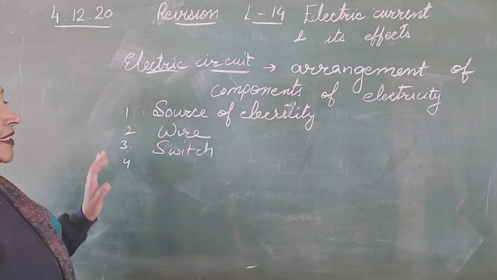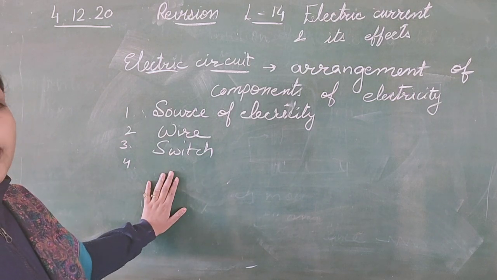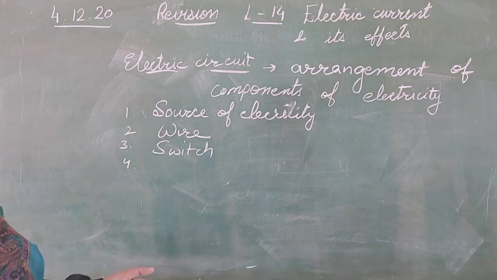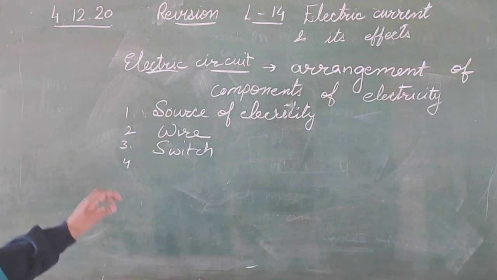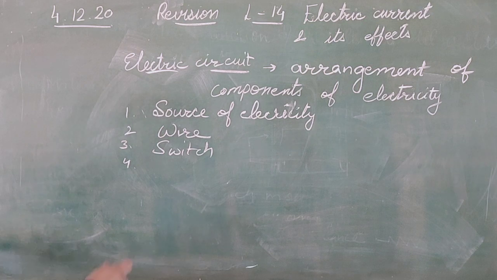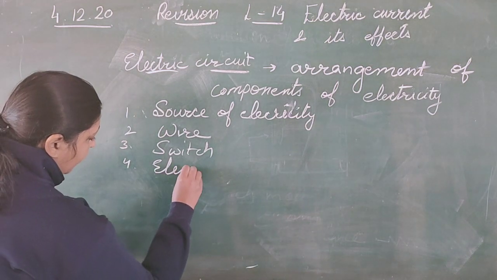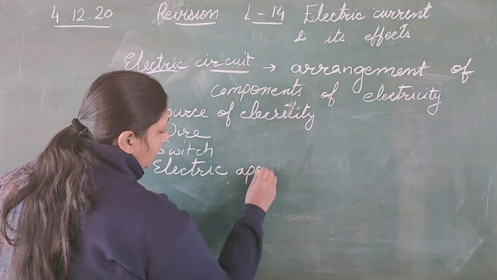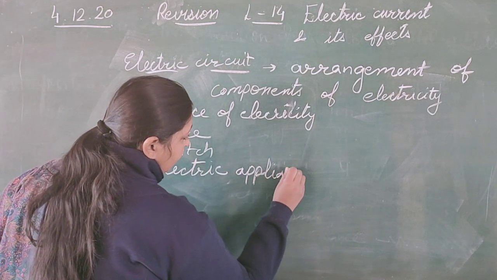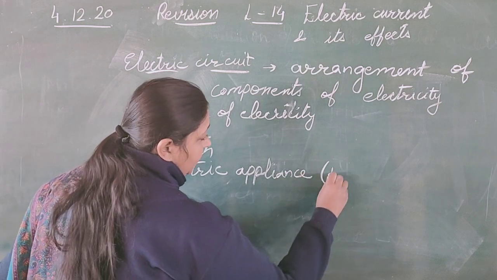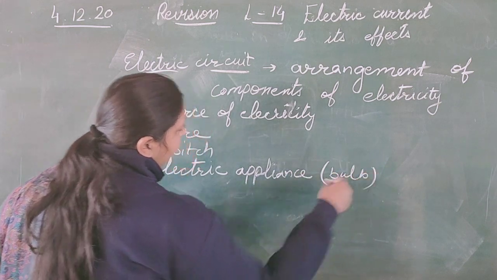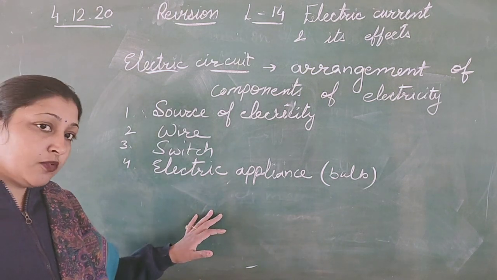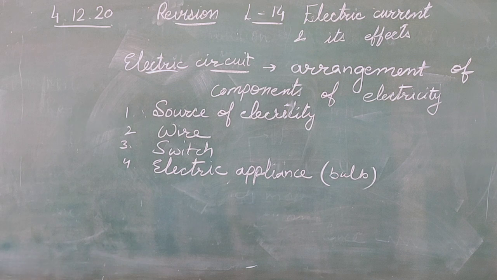And lastly, an electric appliance, where we are actually using our electric energy, like your bulb or your fan. Electric appliance means the component where you are using this energy.